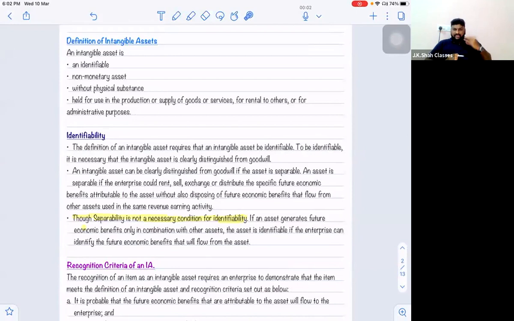See, when you proceed further, you will come to know that when an intangible asset cannot be identified separately in the business, it is considered as goodwill only. You will come to know about it. It means, for example, you have generated a brand.